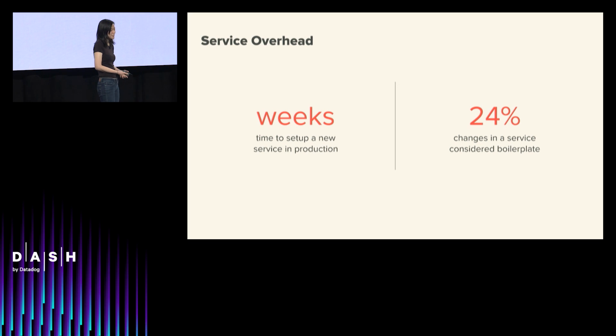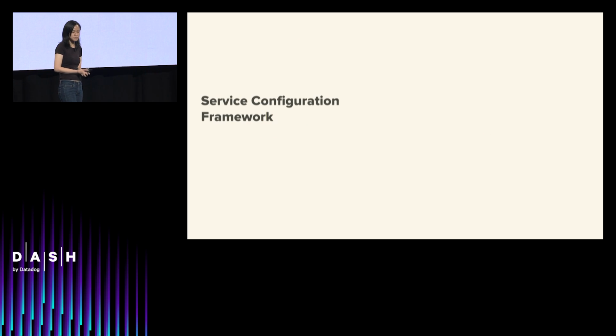So, two numbers. One, it would take someone many weeks to launch their service in production. And secondly, once you launch that service, you find yourself spending almost 24% of your changes to that service on boilerplate. And this wasn't something that would exist in monolith development.